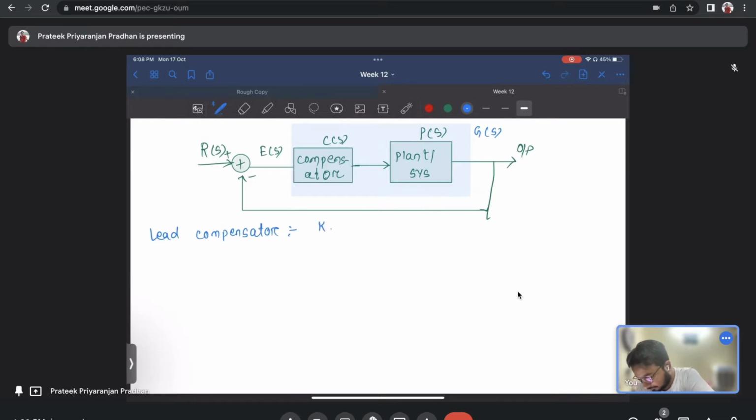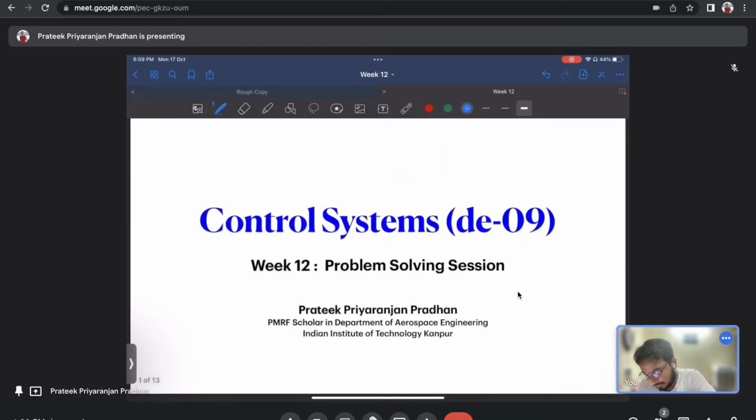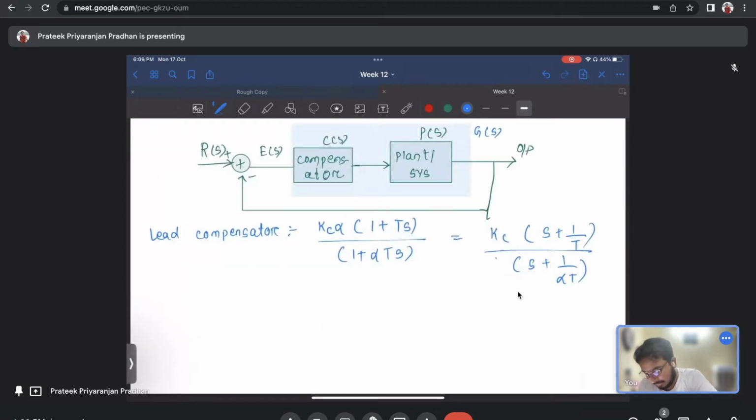If you remember, Kc alpha into 1 plus Ts whole divided by 1 plus alpha Ts, or you can write it as Kc into S plus 1 by T divided by S plus 1 by alpha T, where alpha should be between 0 and 1.